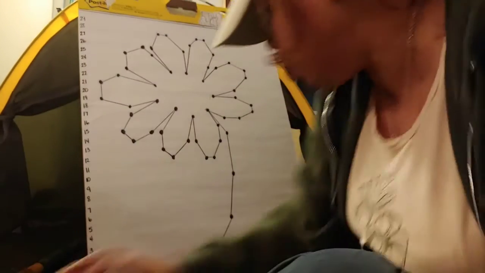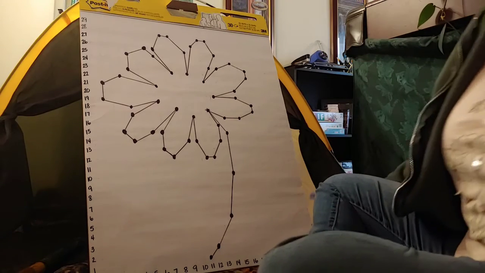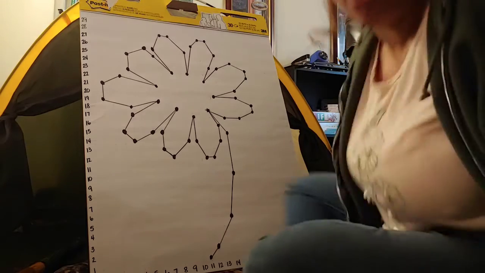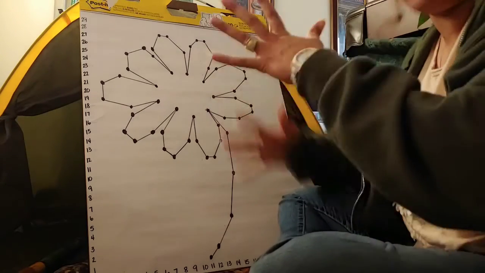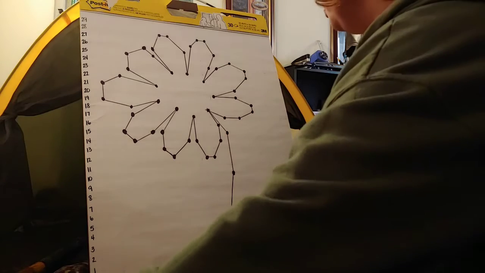I'm going to choose 2 lines. Now, when we're talking about slope, we're talking about the direction of the line. Which way is the line moving?